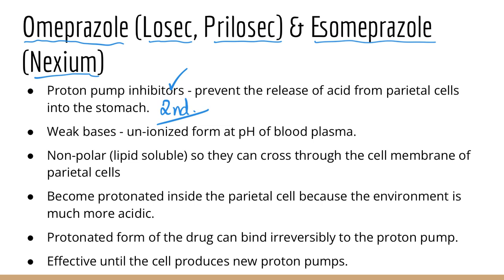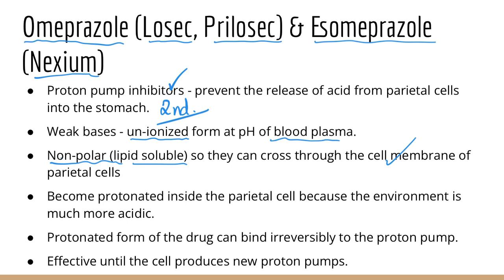They are weak bases, and what's really neat about them is that in the blood, they are unionized, so they don't have an extra proton on them. That means they are nonpolar or lipid soluble, so they can cross the cell membrane of the parietal cells.